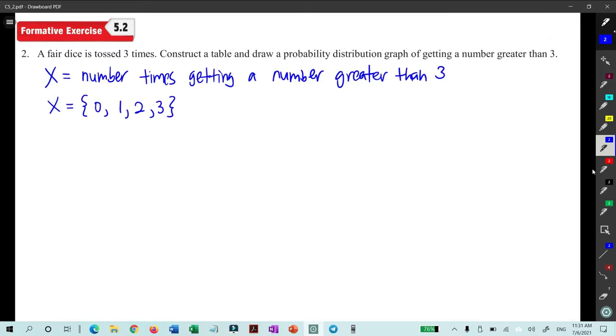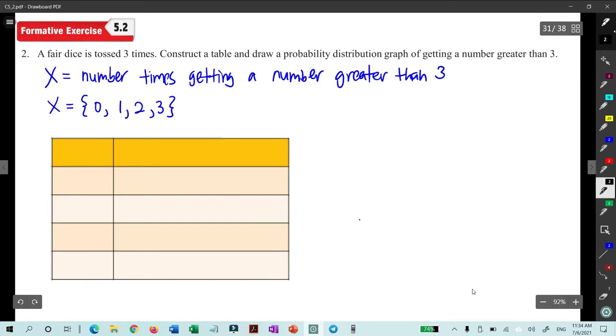Let's come up with a table for the probability distribution. Let's complete the table, and before that we have to find the value of p. Those numbers which are greater than 3 are 4, 5, and 6.